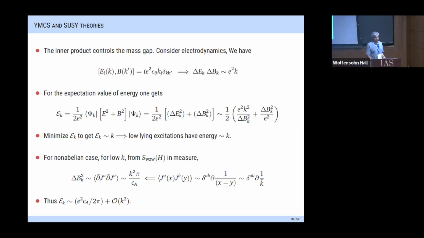Okay. But let's try to do that in the present case where we have not just the uncertainty principle, but we also know that there is a different estimate I can do for delta B squared. Why? Because delta B squared is to be calculated with the Wess-Zumino-Witten action in the measure.